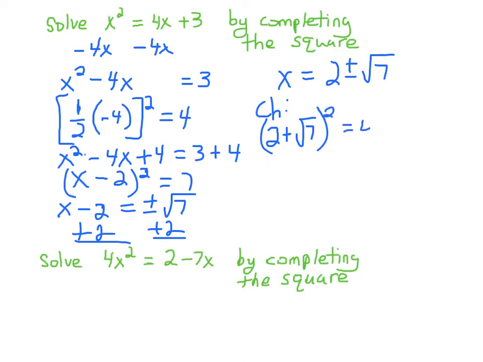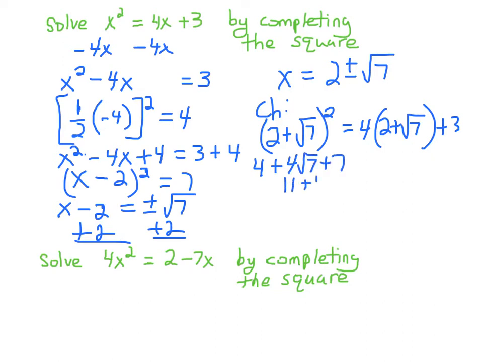Does that equal 4 times 2 plus root 7 plus 3? So remember, we've got to square a binomial here, so this will be 4 plus 2 times root 7, which is 4 root 7, plus root 7 squared will be 7, so that'll be 11 plus 4 root 7. And again, does that equal, this would be 8 plus 4 root 7 plus 3, so that would also equal 11 plus 4 root 7, so that checks.